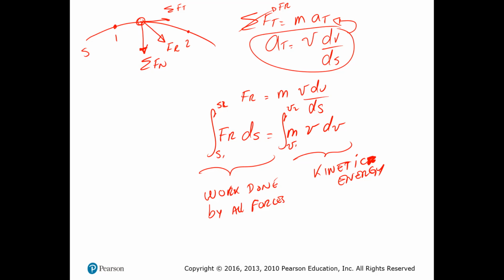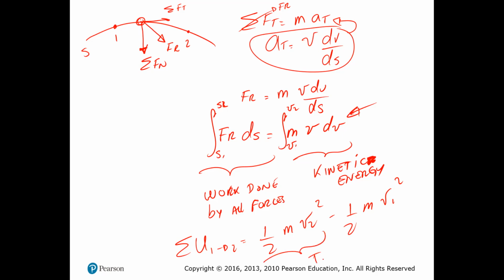So if I rewrite this, this is all the work done from 1 to 2, and this equals, by performing the integration, 1/2 of the mass times v2 squared minus 1/2 of the mass times v1 squared. That thing right here is what is called in the book kinetic energy at the end, and this one right here is kinetic energy at the beginning.